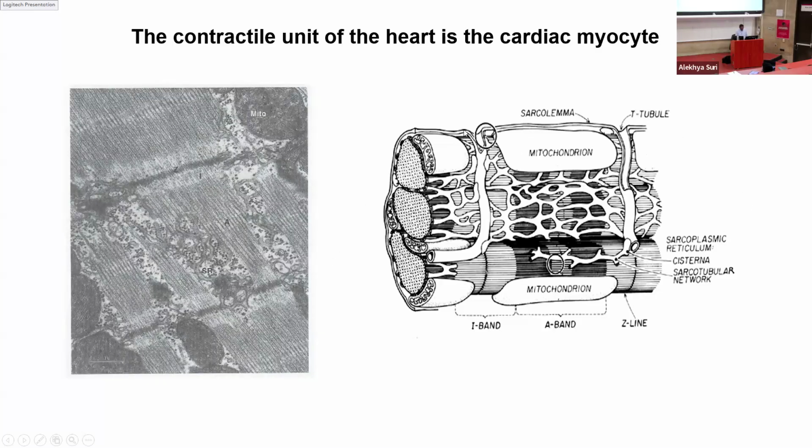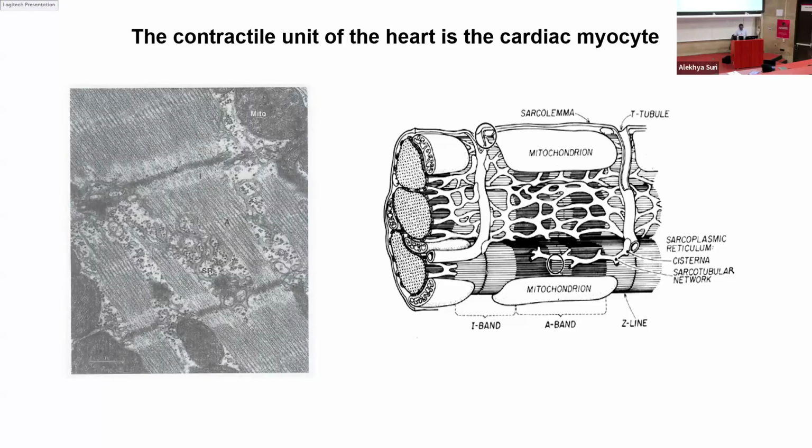In addition to the sarcolemma, you will also see a deep network of fibers, which is called the sarcoplasmic reticulum. The sarcoplasmic reticulum is nothing but a modified form of endoplasmic reticulum. In other cell types, you will see endoplasmic reticulum, of two types, smooth or rough, depending on the presence of ribosomes.